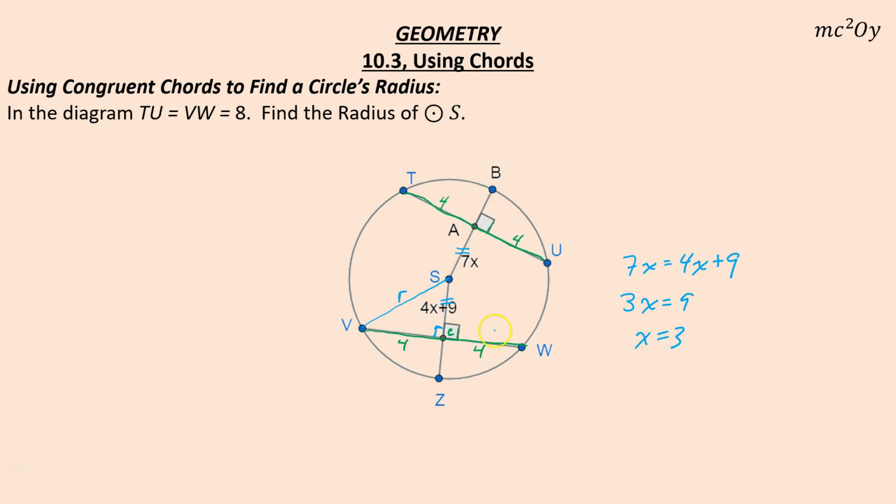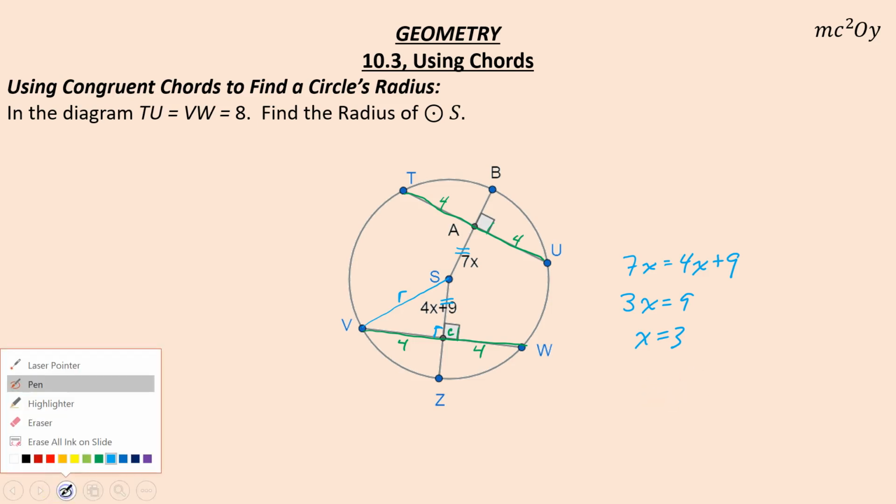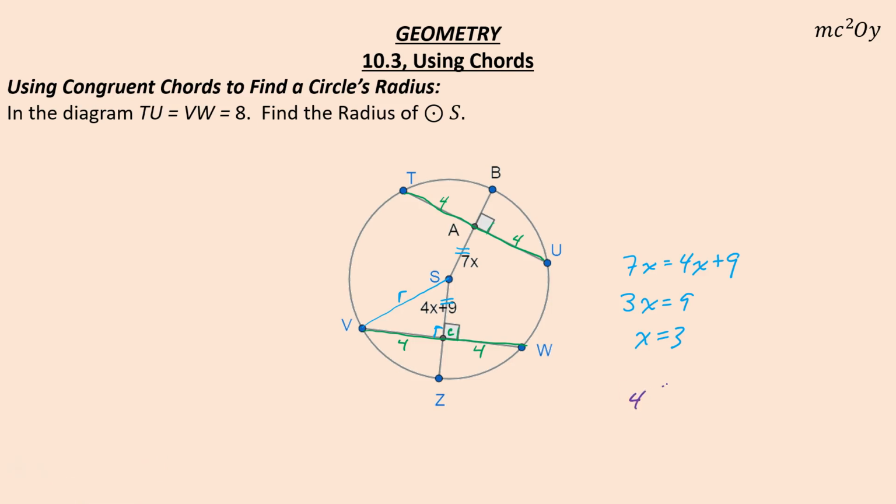And if x is 3, then 4x plus 9 is 4 times 3 plus 9, which is 12 plus 9, which is 21. Right? So this length right here now, that's 21.